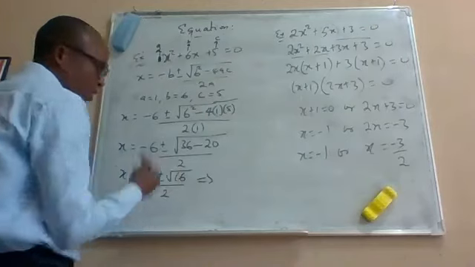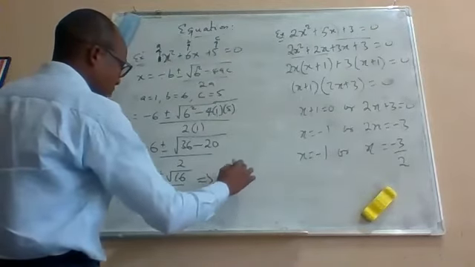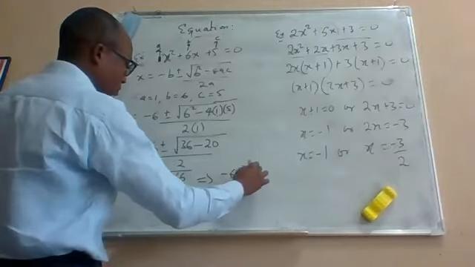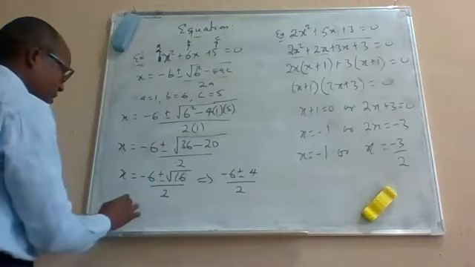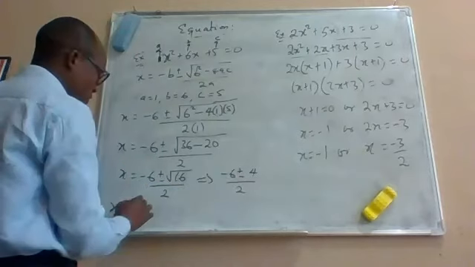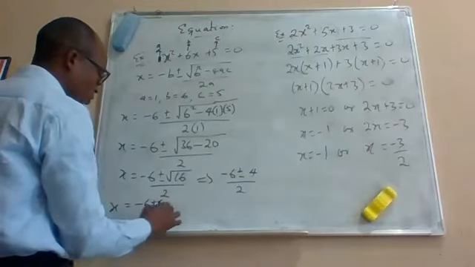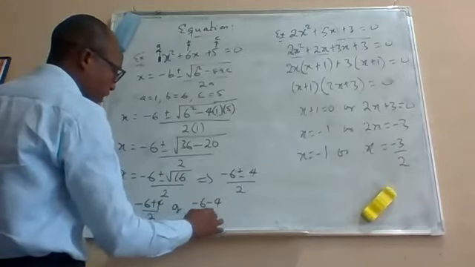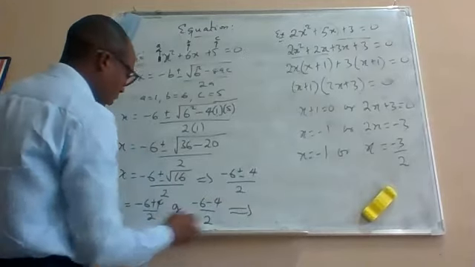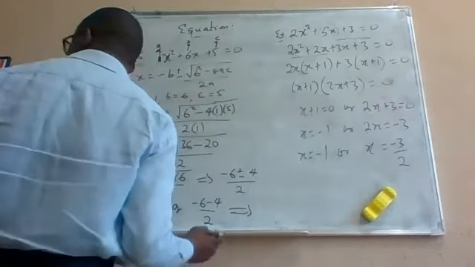So square root of 16, that is 4. So this can be minus 6 plus or minus 4 all over 2. So S is now, since we have plus or minus, minus 6 plus 4 over 2, or minus 6 minus 4 over 2.